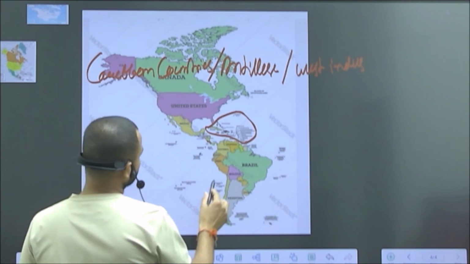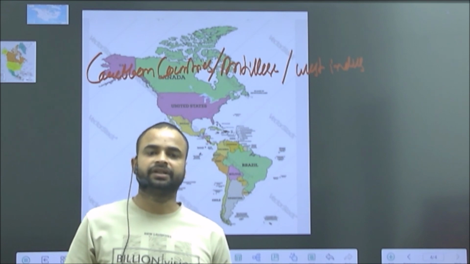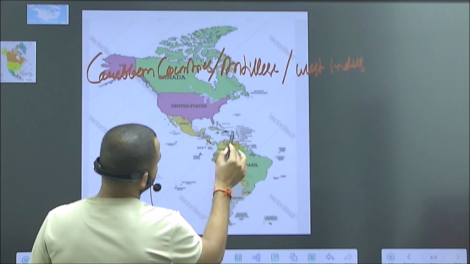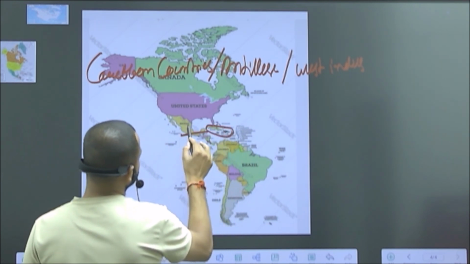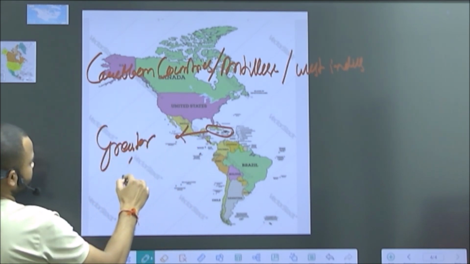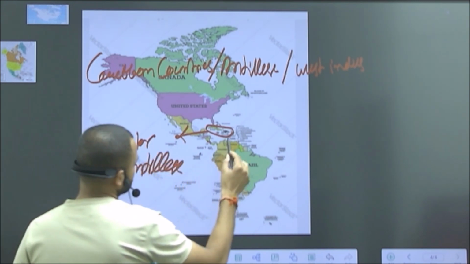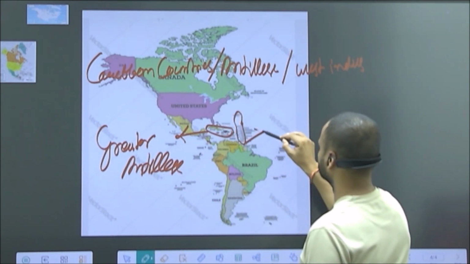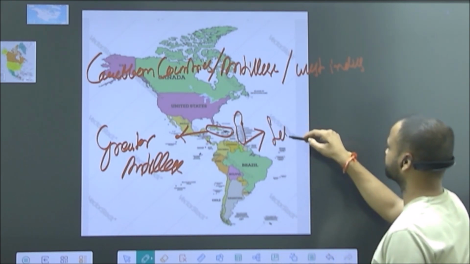But when we talk about Antilles, it is divided into two parts, Greater Antilles and Lesser Antilles. So this is part of Greater Antilles, and this part is called Lesser Antilles.